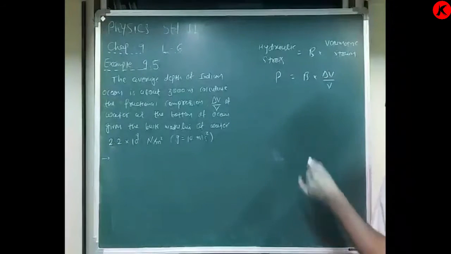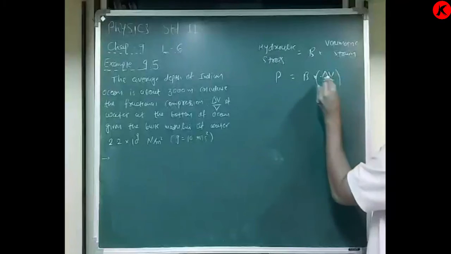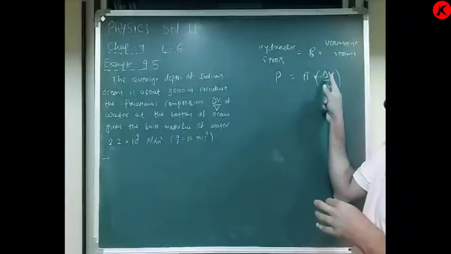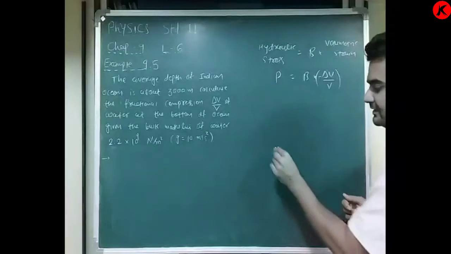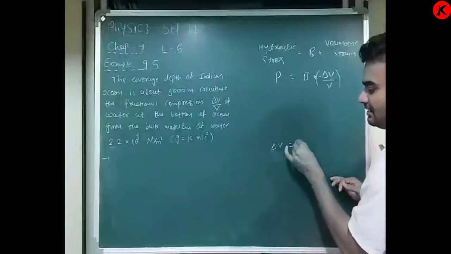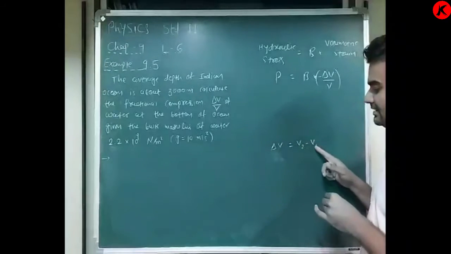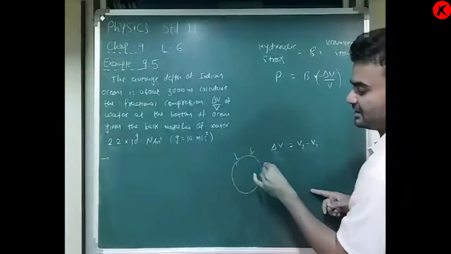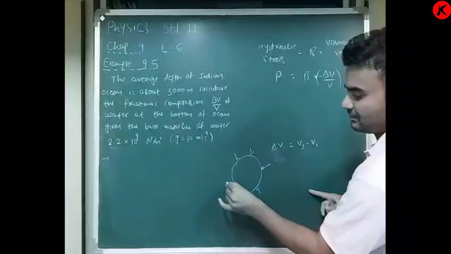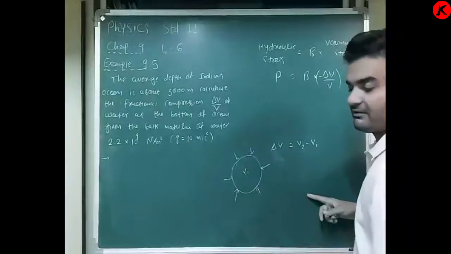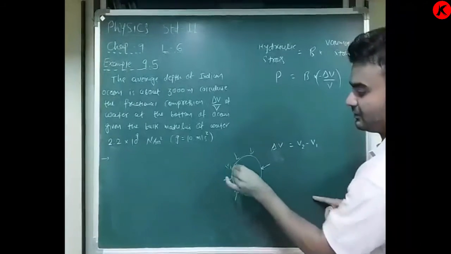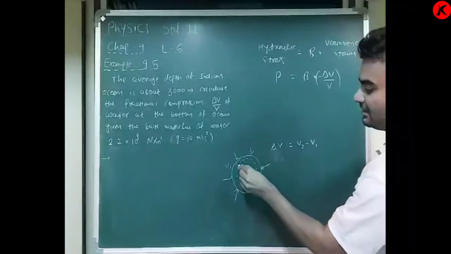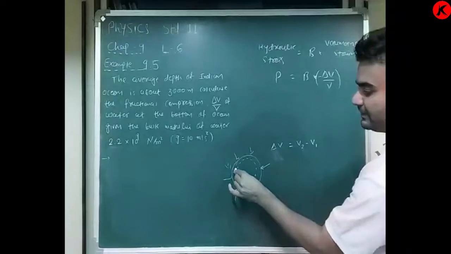Actually there will be a minus over here because due to this pressure, delta V will be negative. Delta V is V2 minus V1, final volume minus initial volume. If the initial volume is V1 and I apply pressure, it will contract, and this is the final volume V2.